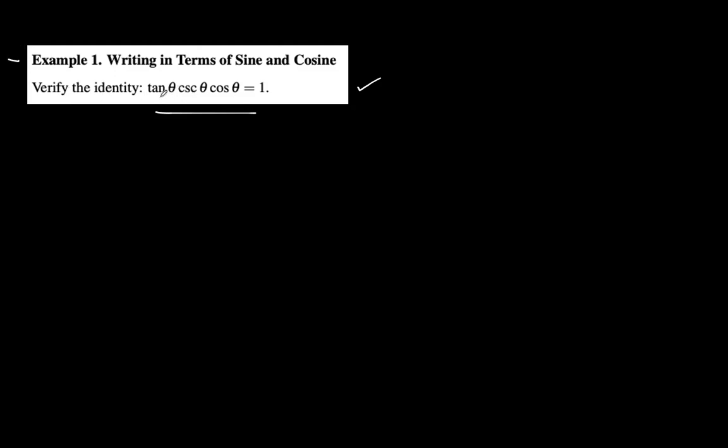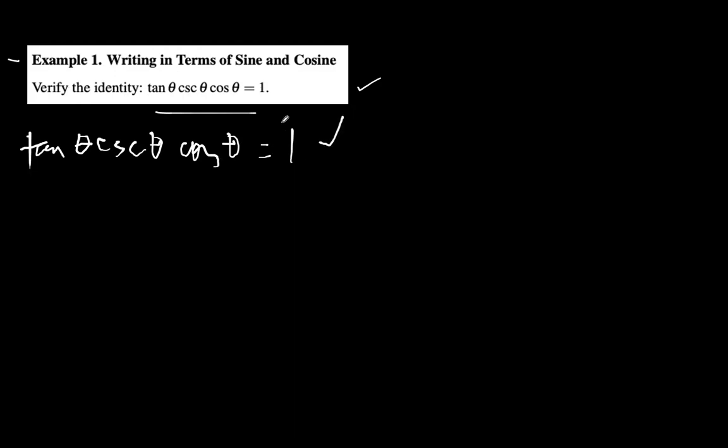So, how do we solve for this? Now, when we say verify, we're just like proving, di ba? We're showing. We are proving that it is true. So, how do we solve this, sir? Tangent theta, cosecant theta, and cosine theta is equal to 1. So, here class, ang gagawin natin, we're going to express the left-hand side, dapat mag-arrive tayo sa 1.